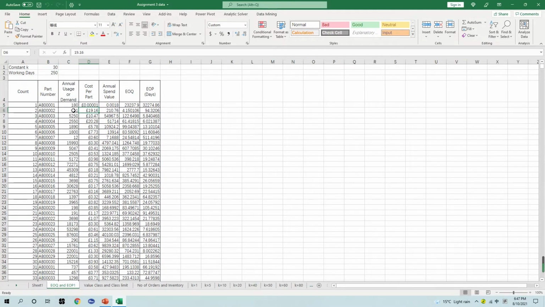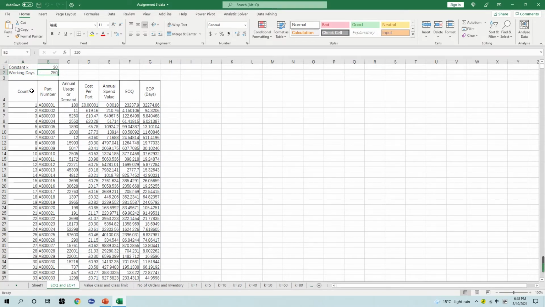We have the item count all the way to the left, and then part numbers, which are not as important, as we're not going to use them for any calculations. And then we have the annual usage or demand, and the cost per part, and on the top left we have the common K, and below it the total working days in a year.